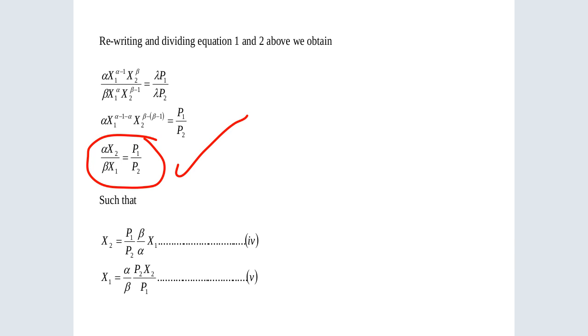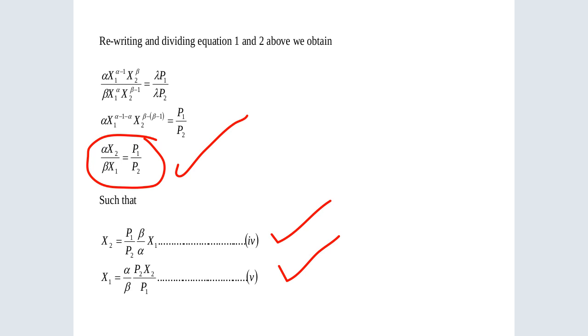If you make x2 the subject, then x2 will be p1 times x1 over p2, times beta over alpha. x1 will also be alpha over beta times p2 x2 over p1. That's what you get when you make x1 and x2 the subject.